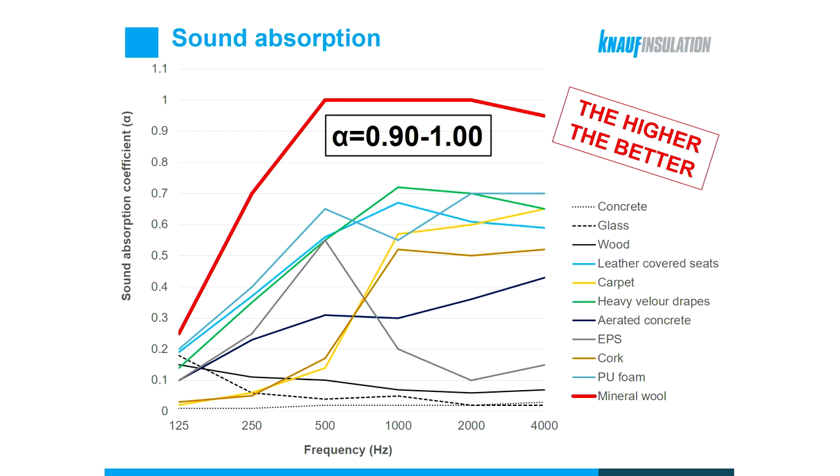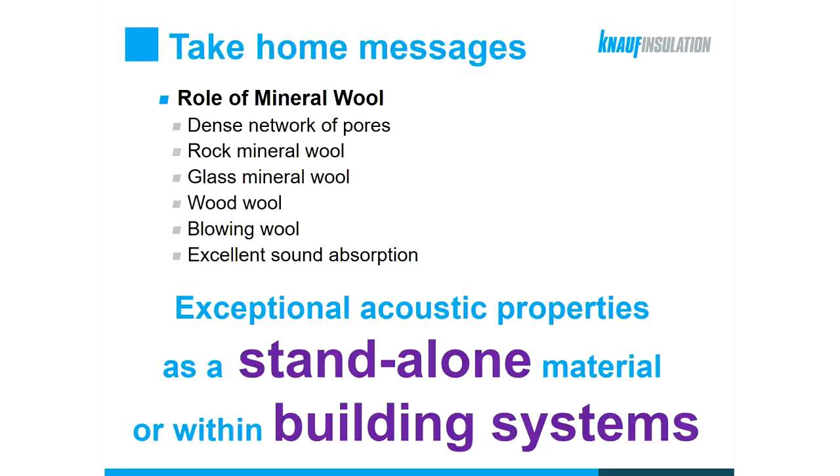And later on, we shall see how to utilize this superior sound absorption in the acoustic design and to solve some actual acoustic challenges. So just a note, all of these charts correspond to materials of similar thickness, of around 30 to 50 millimeters. So the comparison of sound absorption between these materials makes sense in the first place.